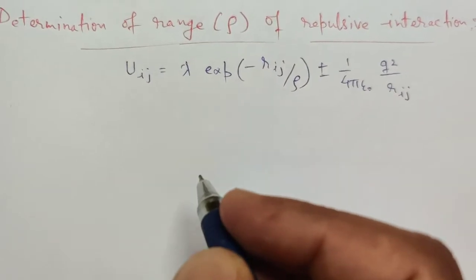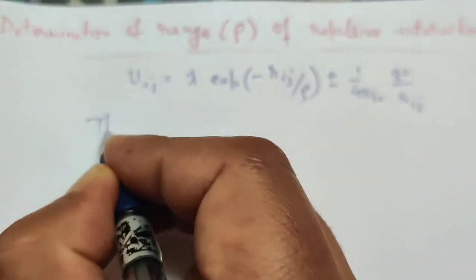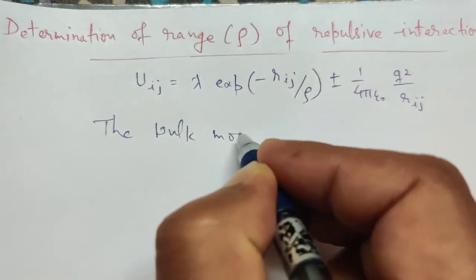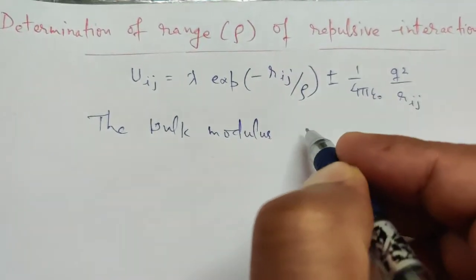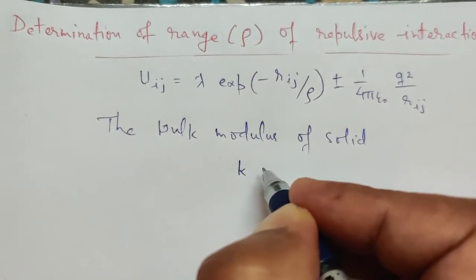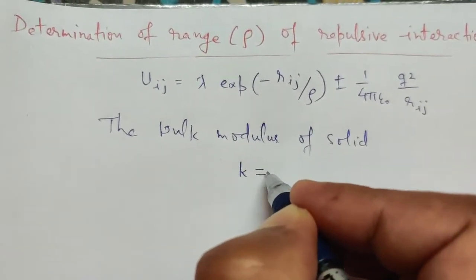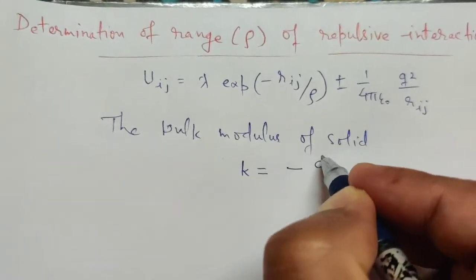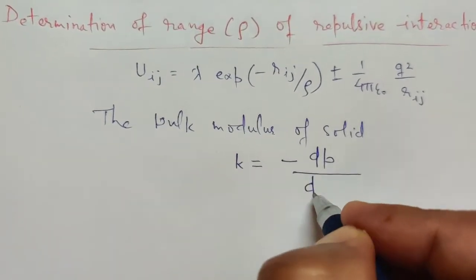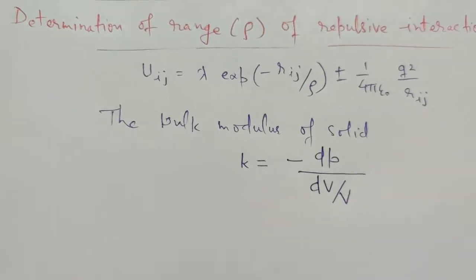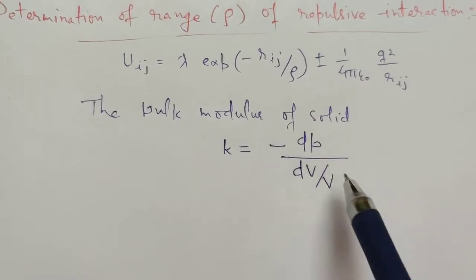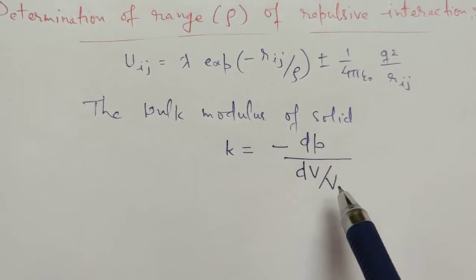From the formula, the bulk modulus of a solid is given by K, which is equal to minus the change in pressure divided by the volumetric strain, and the volumetric strain is the change in volume divided by the original volume. So this is the formula for the bulk modulus: change in pressure divided by the volumetric strain. Volumetric strain is the change in volume divided by the original volume.